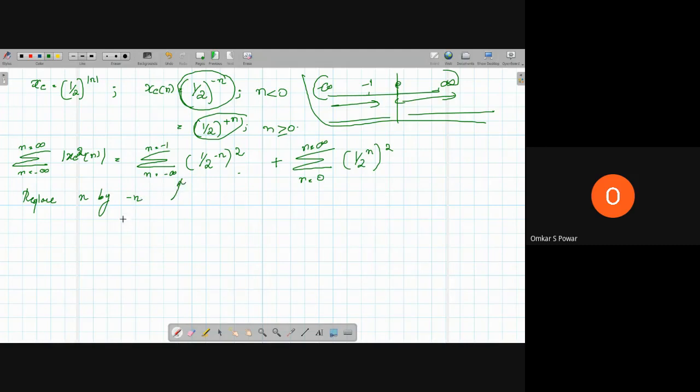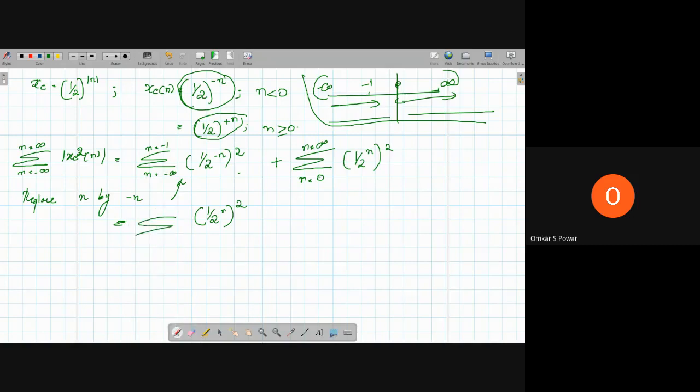Whenever this minus infinity to minus 1 comes, I always do this, so always make sure that you also do that, so that you simplify things. So half to the power of n the whole square. Then since you are replacing n by minus n, this plus infinity to plus 1 will come, and then we have to rotate this. Always keep that rule in mind.